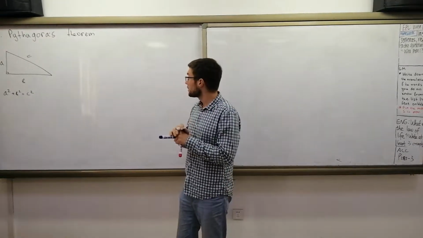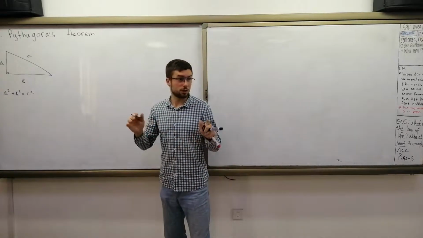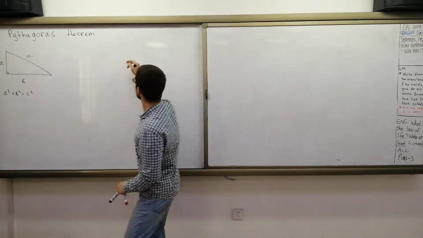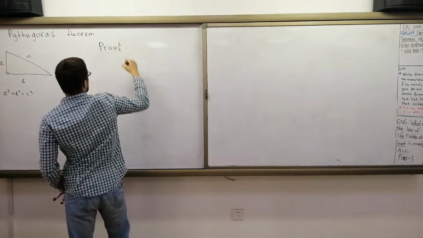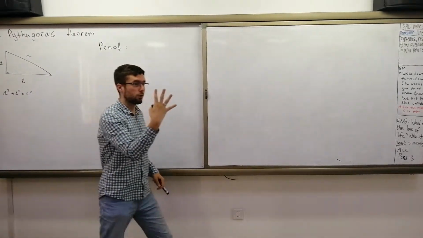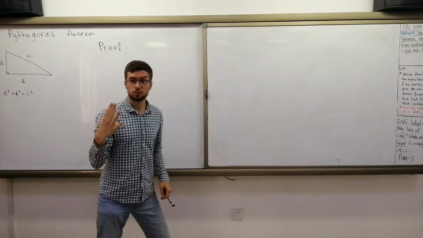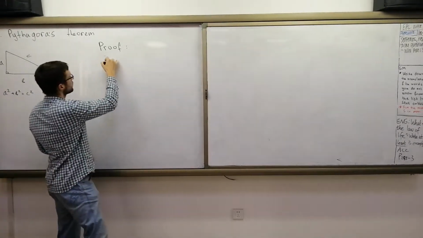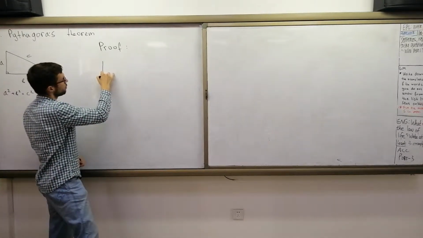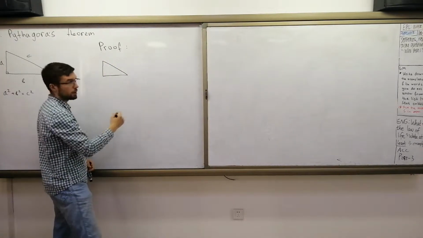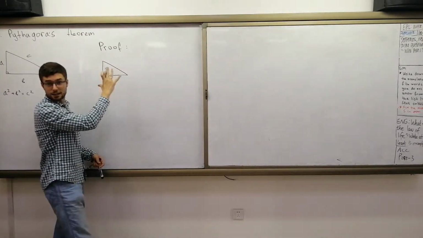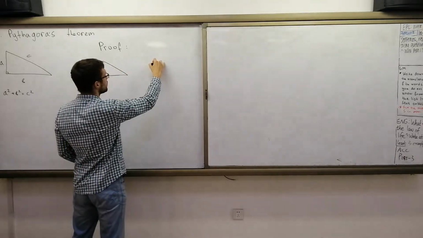The proof is very elegant and simple. So, proof. Let's consider four right triangles. Okay? So, let's say it is one right triangle. Yeah? And I'm going to consider exactly the same second right triangle.